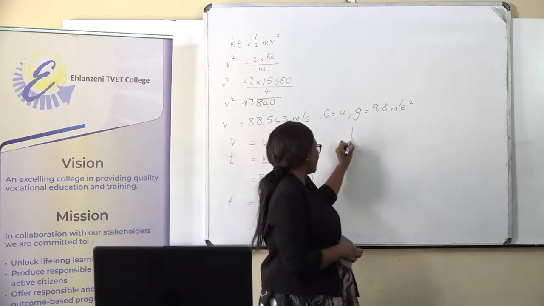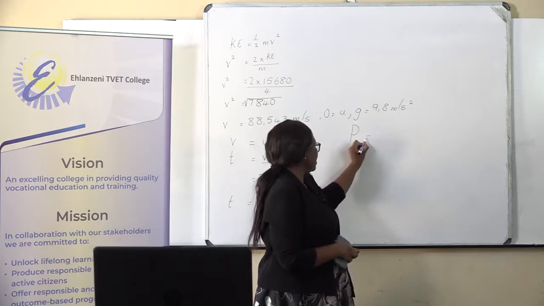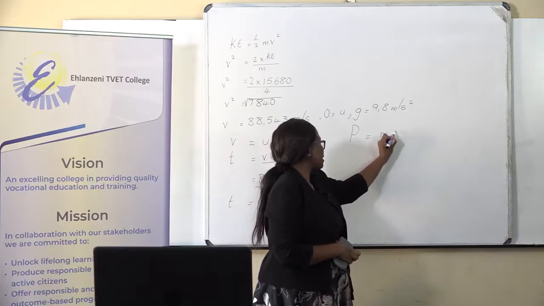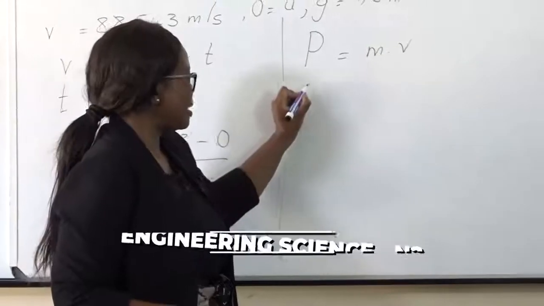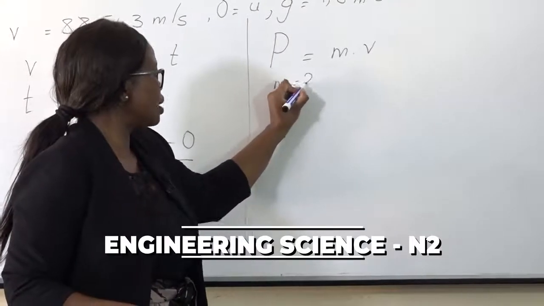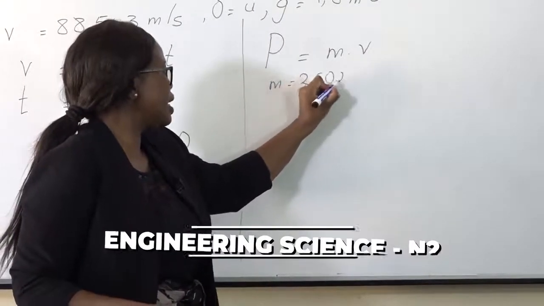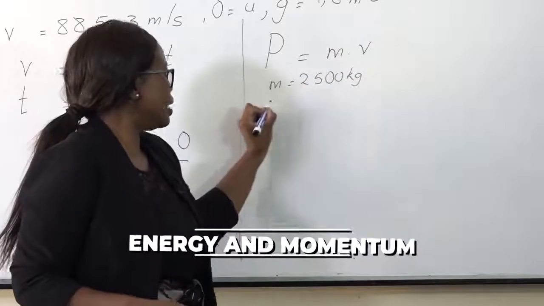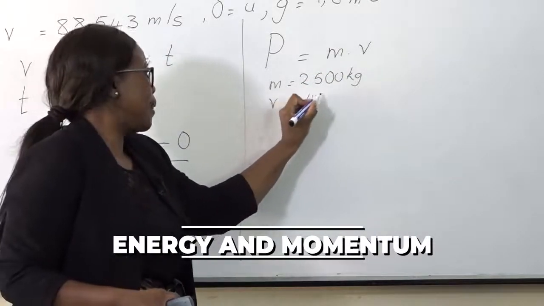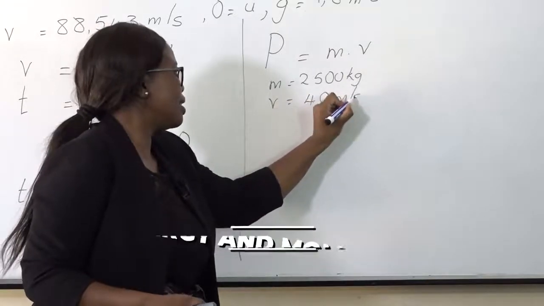So P is equal to mass times velocity. Our mass in this question is 2,500 kilograms and our velocity is 40 meters per second.